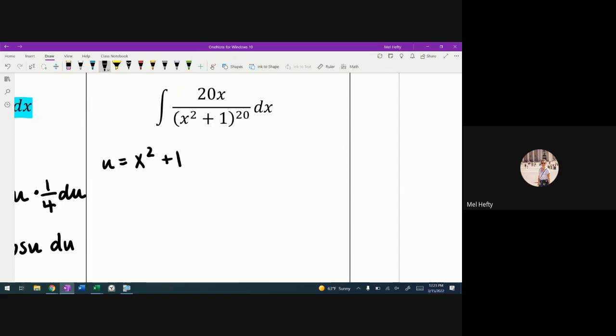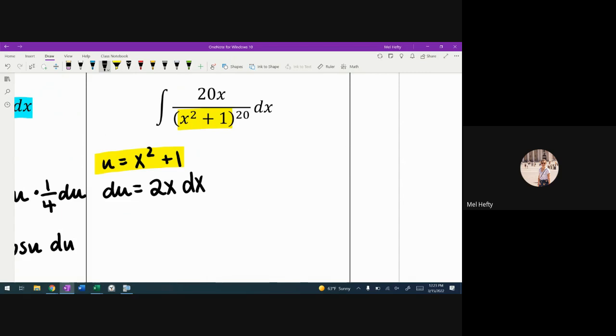So we've got u equals x squared plus 1. All right, thoughts on du, the derivative of u? 2x dx, is that it? All right, let's look for coverage. Oh, this is interesting. So we have a 20x dx inside our integral, and we have a 2x dx here.